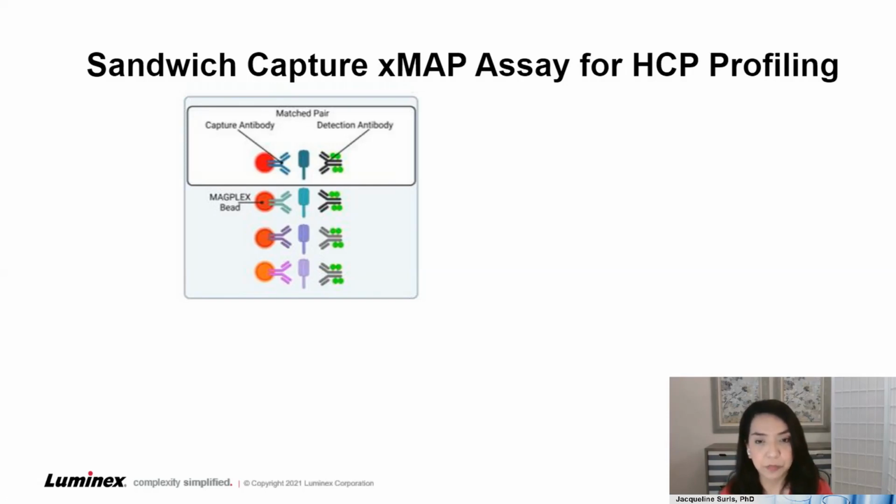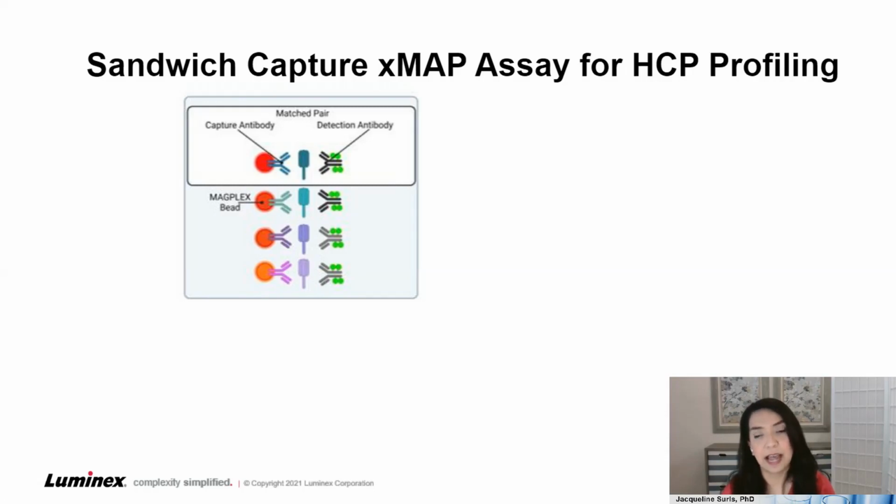So, when it gets excited, it'll have a specific emission for the green laser. This is very similar to an ELISA, but the advantage to our xMAP bead technology is that it has a very good tolerance to matrix effects. So typically what you will see with our technology is reduced backgrounds, so very clean backgrounds. Oftentimes we'll see better sensitivity.